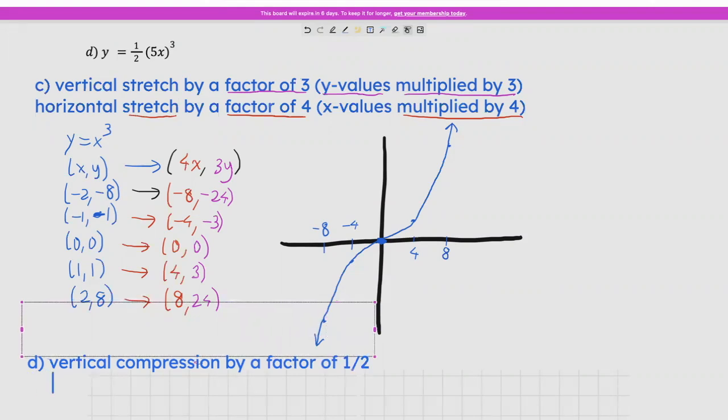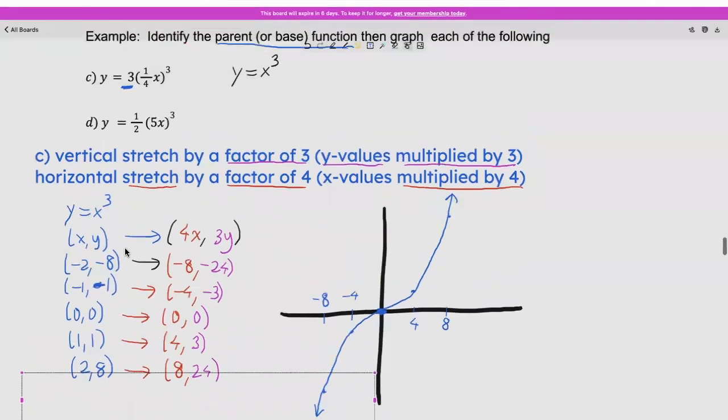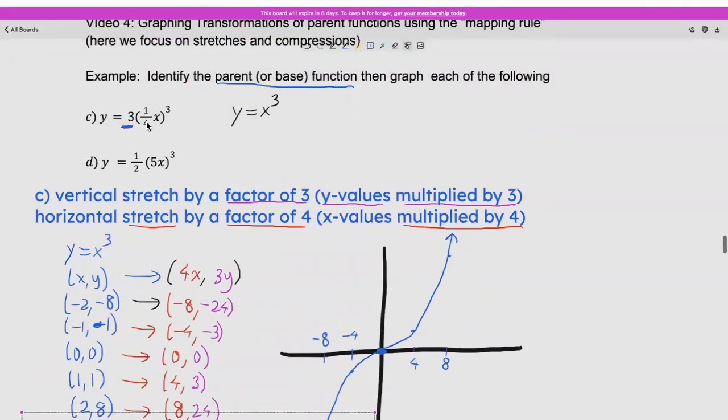Next, in part C, inside of the brackets, I had a quarter. We said you have to flip it and think about multiplying the x's by 4. Multiplying the x's by 4 was called the horizontal stretch. But now I have a 5 that I have to flip. And just think about it. When you flip a 5, what does it turn into?